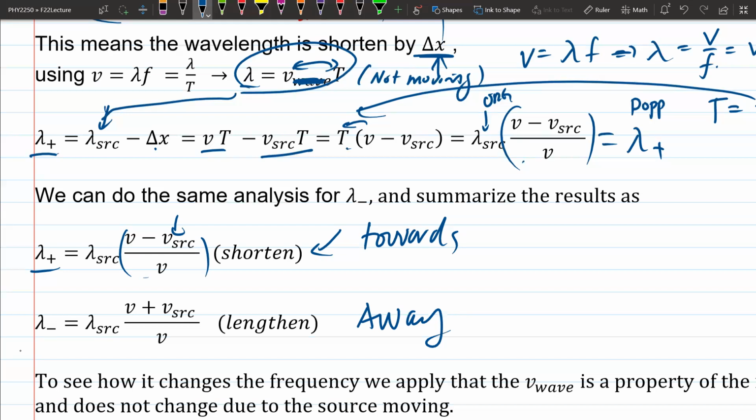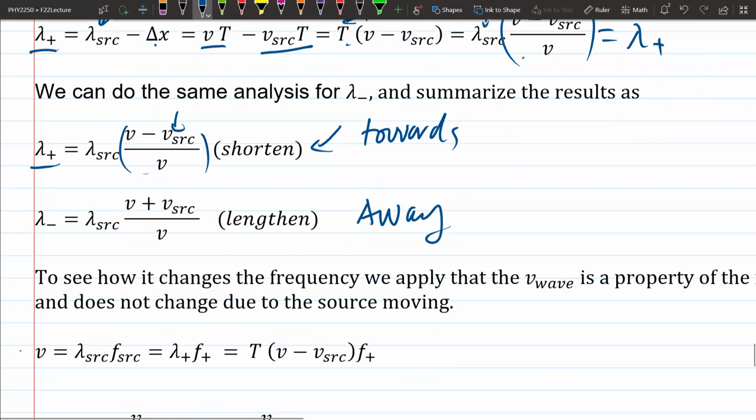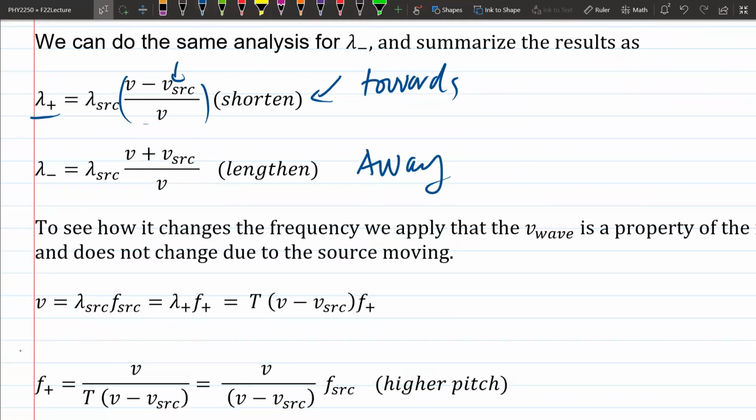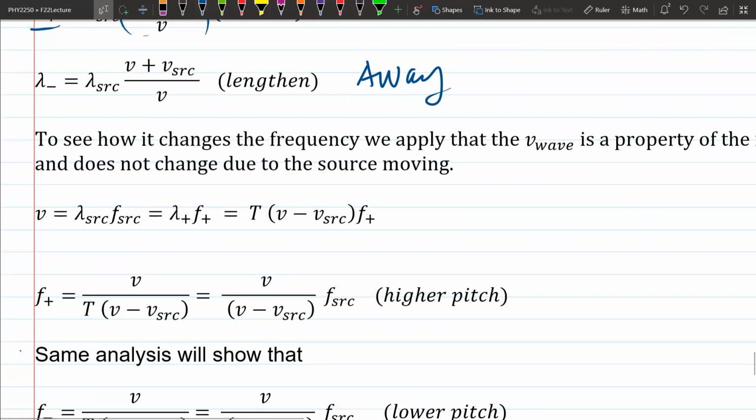You're going to get a number that's always bigger than 1. When you multiply by a number bigger than 1, you always get a bigger number. So hopefully that makes sense, where when you're moving towards the sound, your wavelengths get shorter. If you move away, the wavelengths get lengthened, okay? But the wee woo sound comes from the pitch, right?